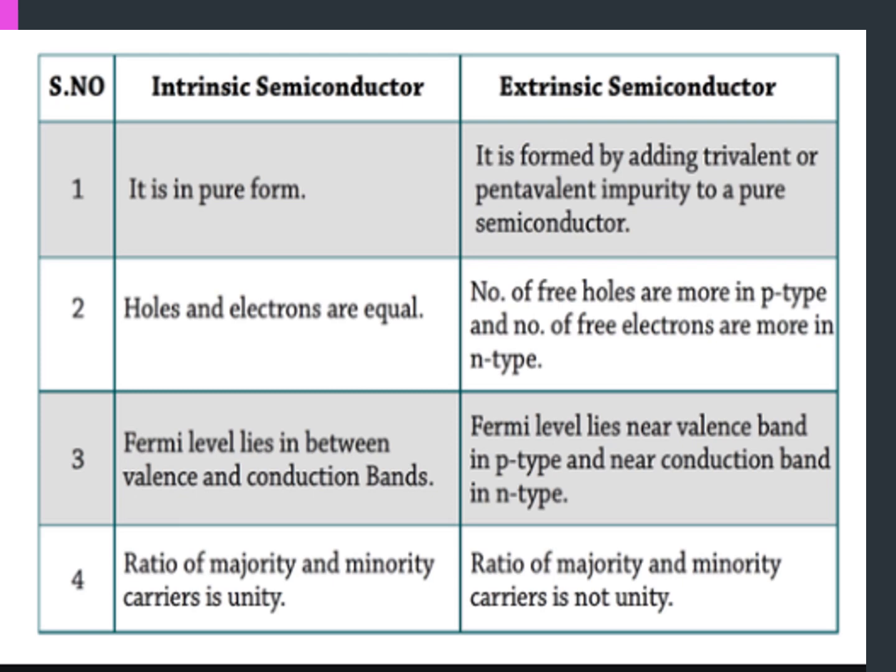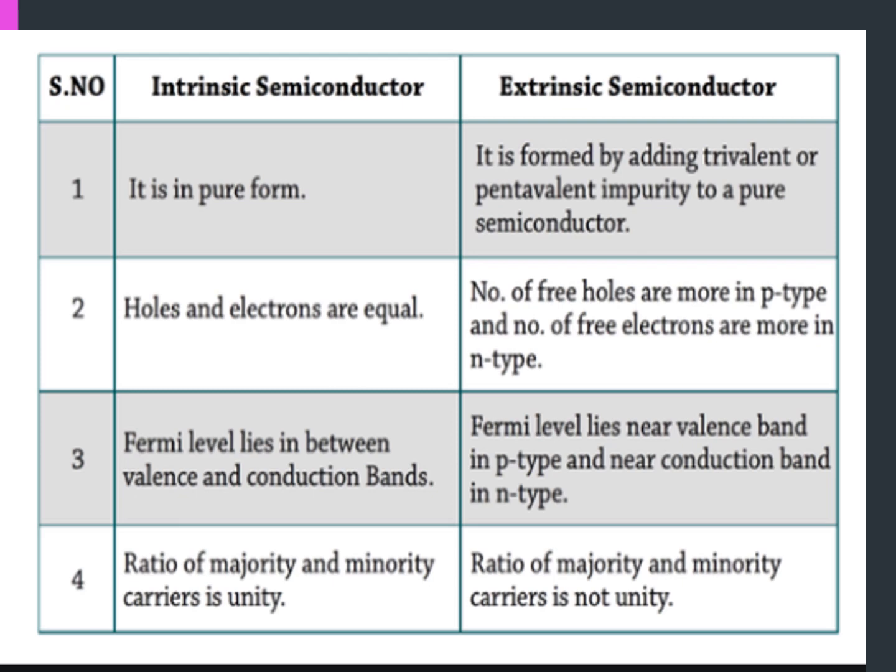Next, if I take the ratio of majority carriers to minority carriers, the ratio will be 1 for the intrinsic semiconductor. For the extrinsic semiconductor, the ratio is never 1, because with a majority there is a large number of electrons or a large number of holes.